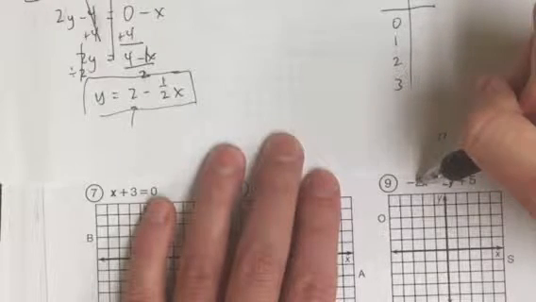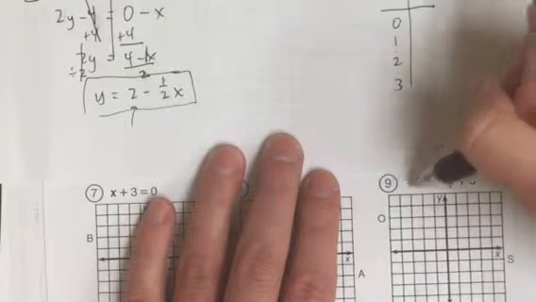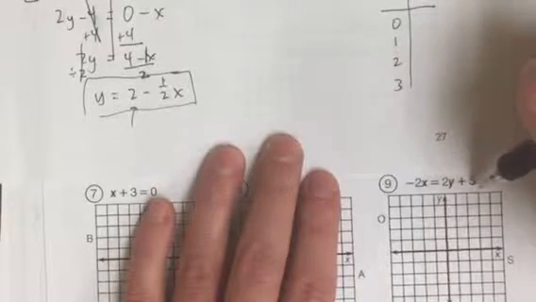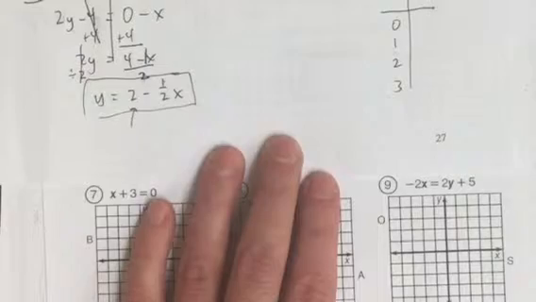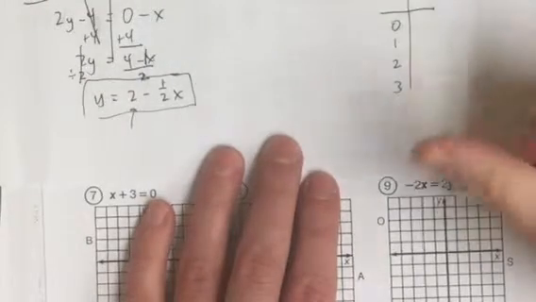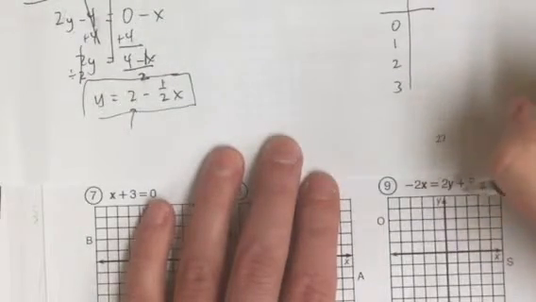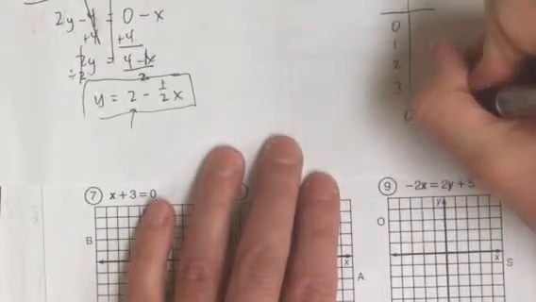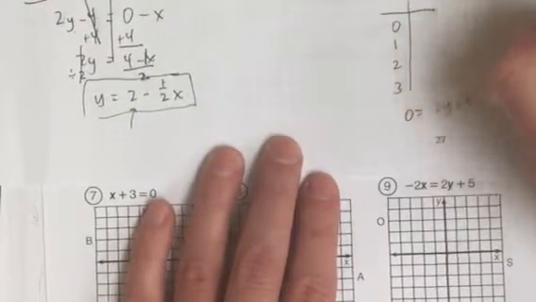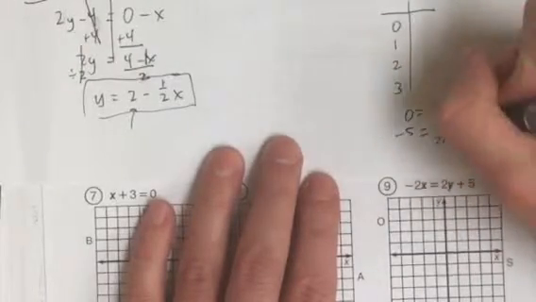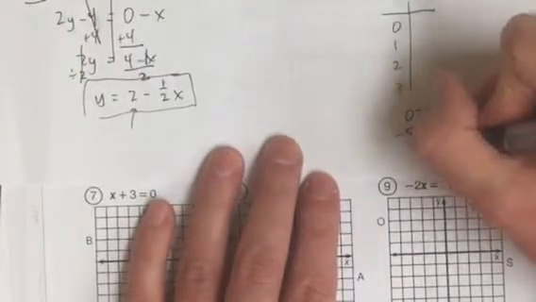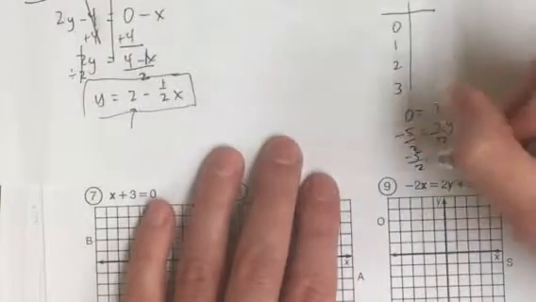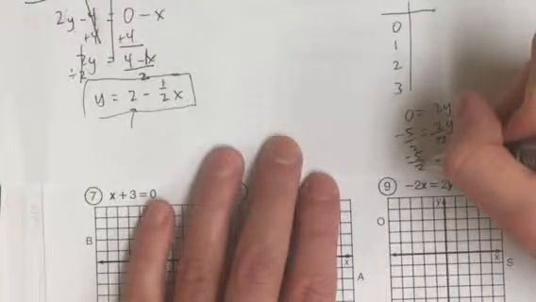So -2 times 0 is 0. 0 equals 2y plus 5. I don't know what y is, so I'm really going to have to solve for y anyway. I'm going to subtract 5 and get y equals -5/2. So that's go down 5.